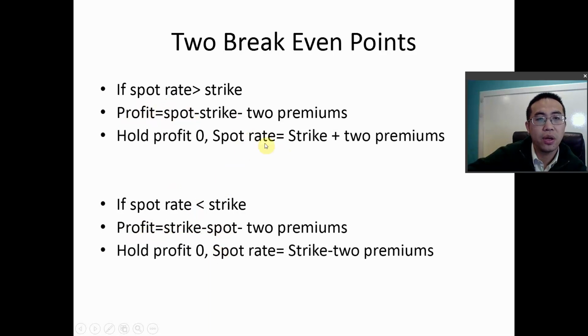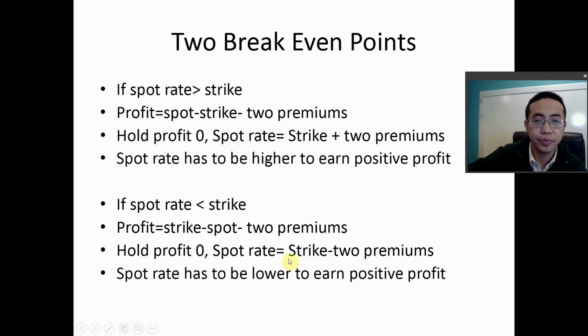So spot rate for this one is strike plus 2 premiums, and spot rate down here is strike minus 2 premiums. So for this higher break even, strike plus 2 premiums, the spot rate has to be higher in order to earn positive profit.